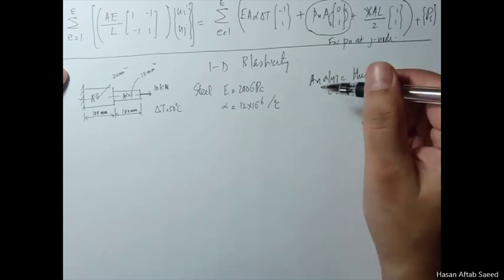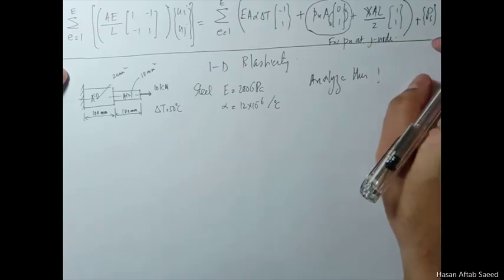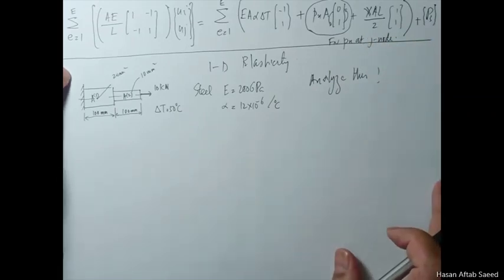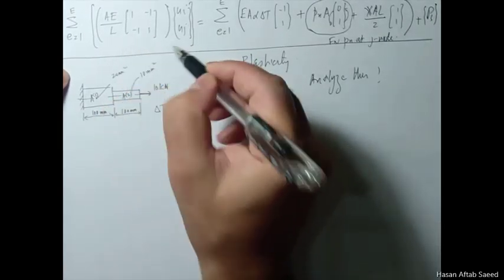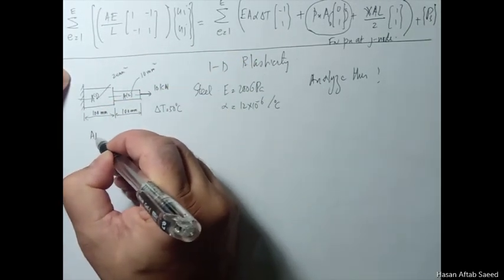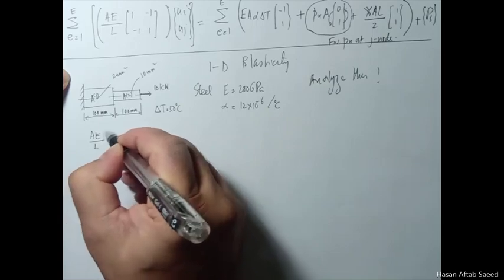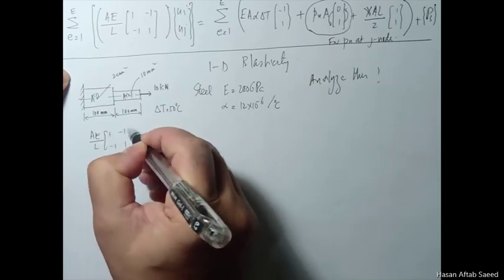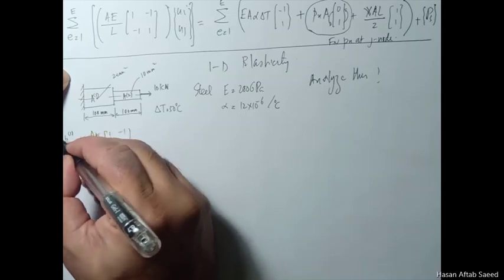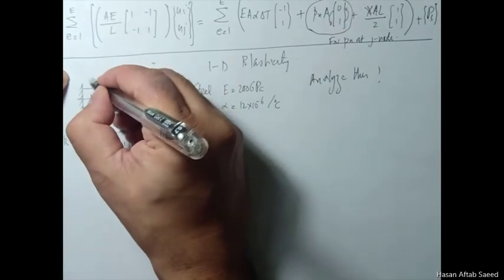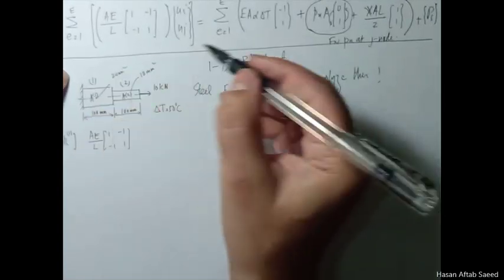Now, analyze means you have to calculate the stresses. So in FEM, we'll start with displacements and then strains and then stresses. So let's start. It's very simple. We have to do this for all the elements. AE over L, 1, minus 1, minus 1, 1. This is our K. Now we call this element number 1 and we call this element number 2.